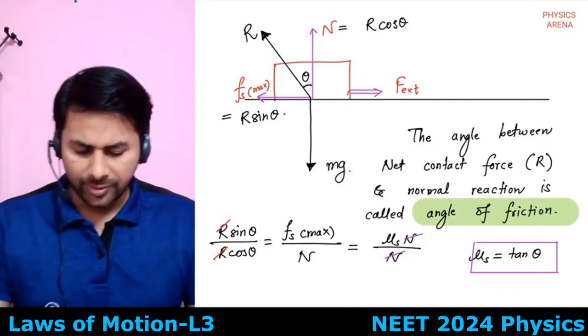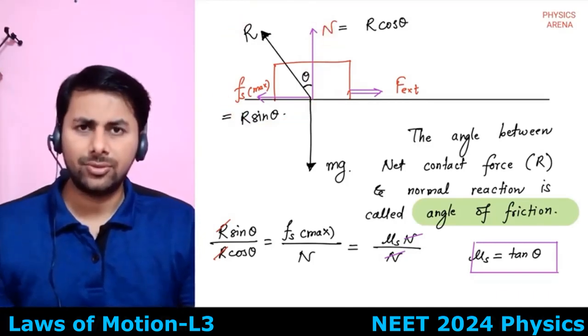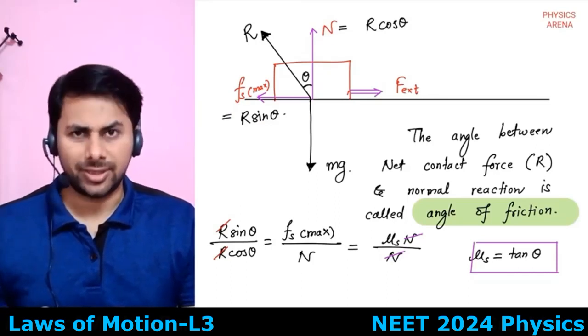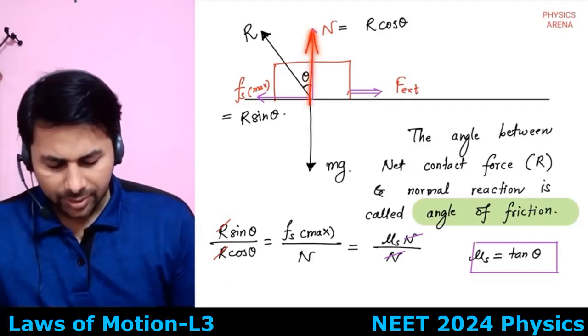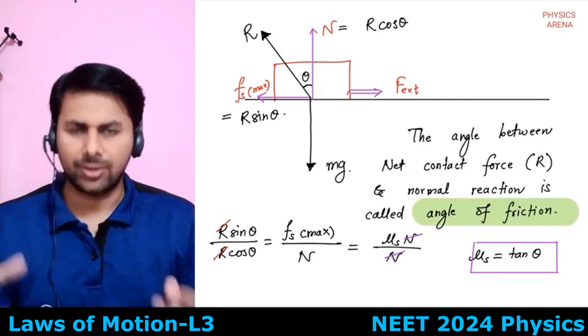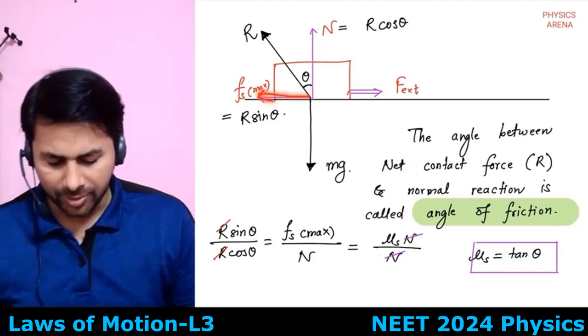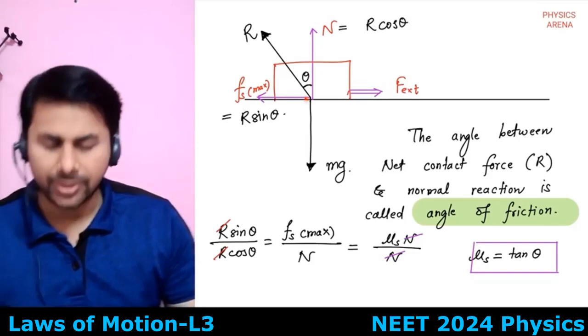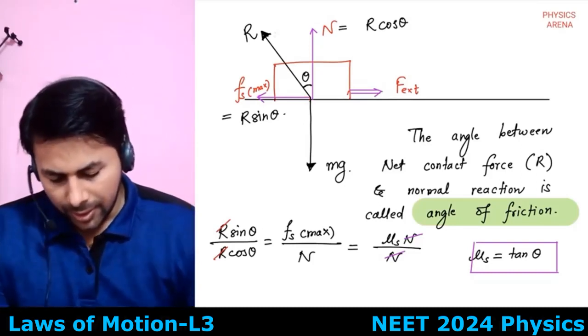Normal reaction is upwards. You find the resultant of these two. So these two are the two contact forces which are exerted on the body. Okay. So one is normal reaction. The vertical or perpendicular component is known as normal reaction. The component of the contact force along the surface is known as friction. Okay.